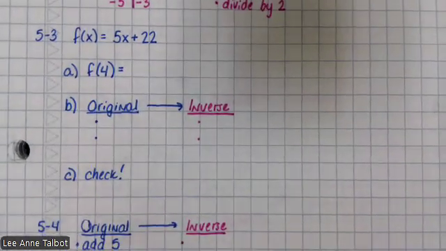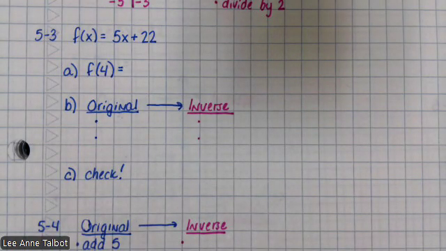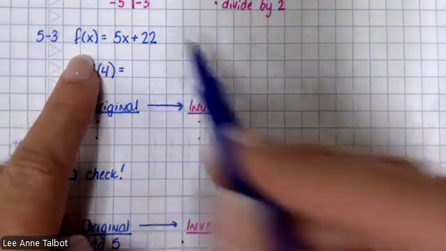Okay, now set up number 3. Okay, I have a line y equals 5x plus 22.